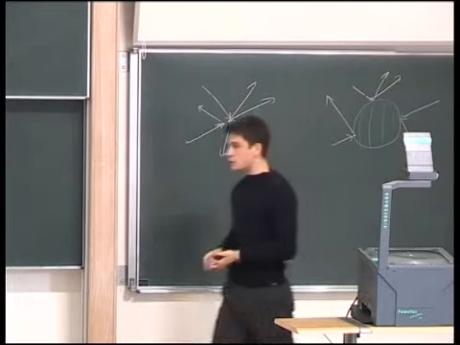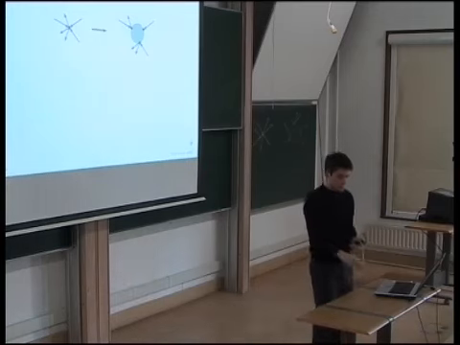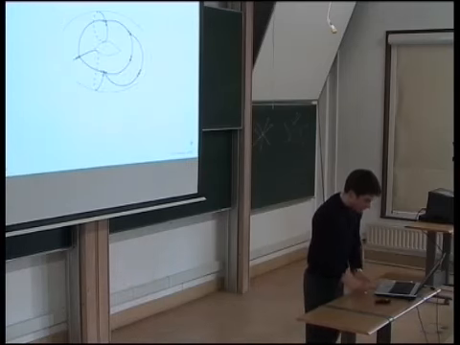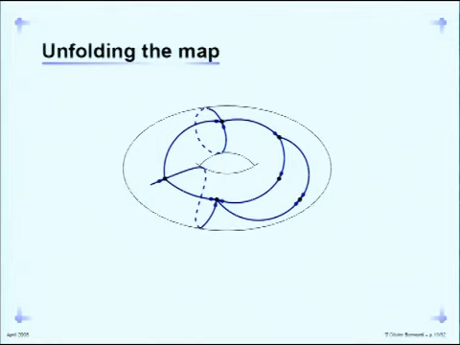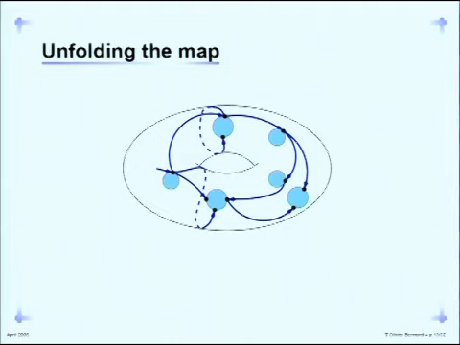Okay, so this is the local operation that you will apply to each vertex. So let's try an example. You have this oriented map, and you apply this local operation.